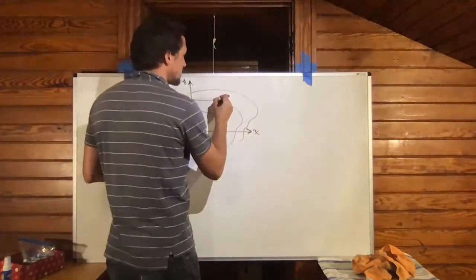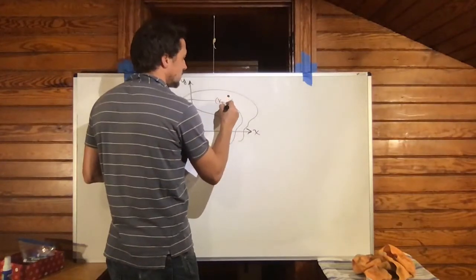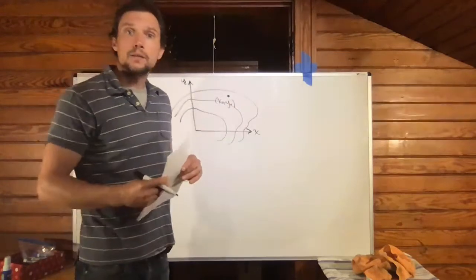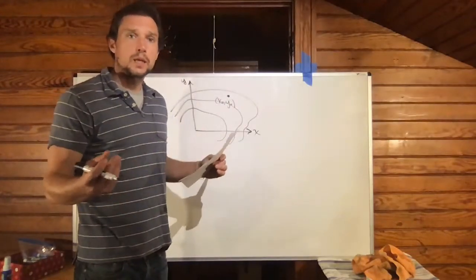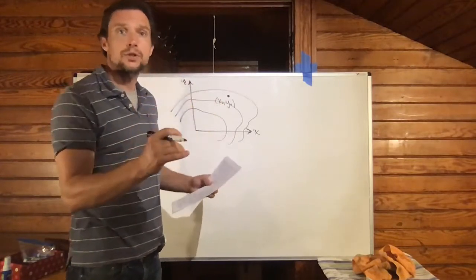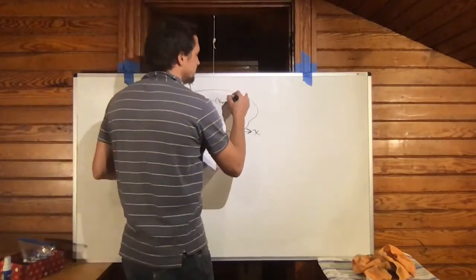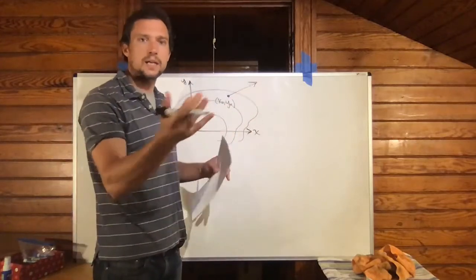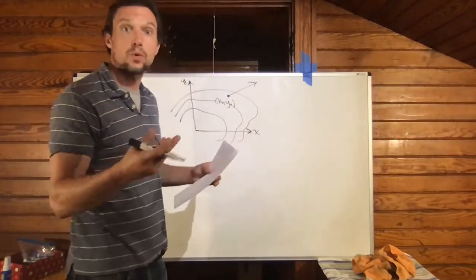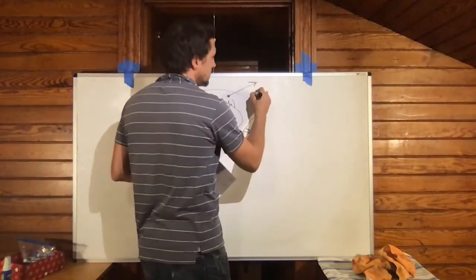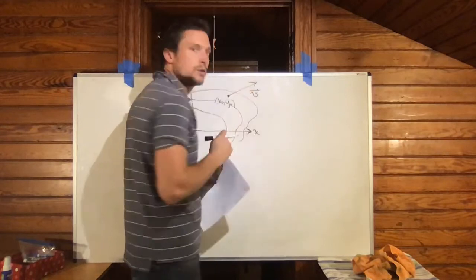Let's call it x sub 0, y sub 0. And then let's suppose that we're interested in the slope at that point in some arbitrary direction. So the slope in this direction, and let's say that direction is given by some vector that we'll call v. So this direction is defined by a vector v.